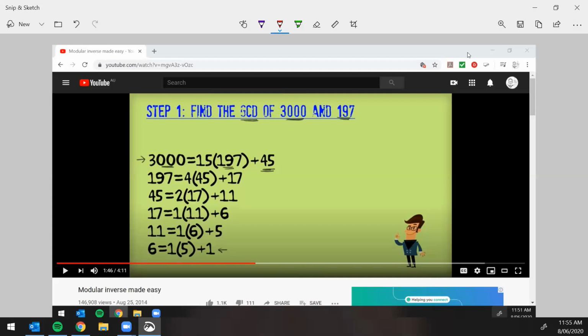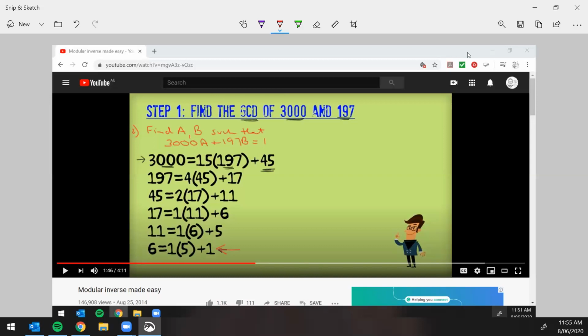So the task here, in step 2, is to find A and B such that 3,000 times A plus 197 times B equals 1.